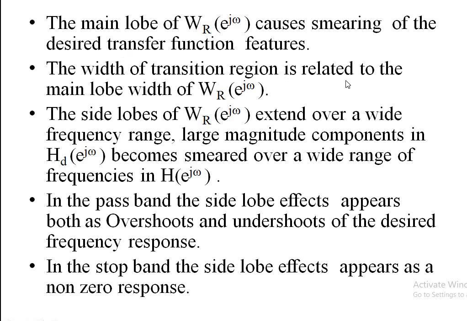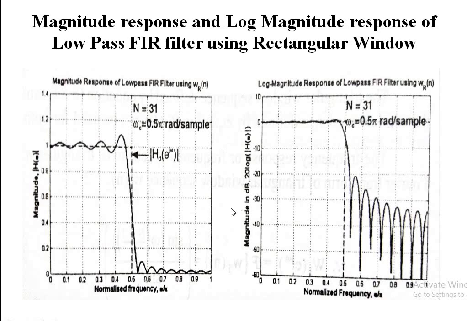Since the main lobe width of WR of e power j omega is 4 pi by N, the size of the transition region can be reduced to any desired size by increasing the value of N of the windowing sequence. However, whenever we increase the value of N, it also increases the number of computations necessary to design or implement that filter.